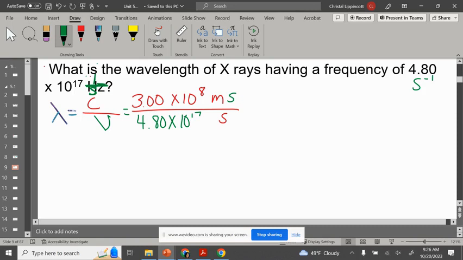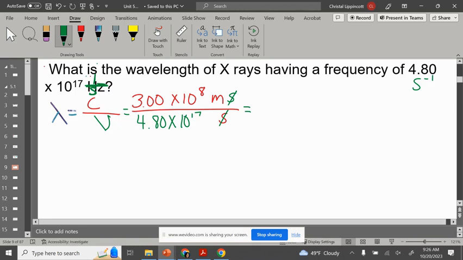It's just telling you that your number is going to go on one side and your S goes on the other. This is called an inverse. We'll eventually get there in math. All right, so my seconds will cancel, and that's going to leave me with meters. Does that make sense since we're measuring wavelength?